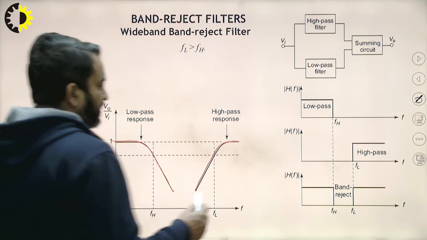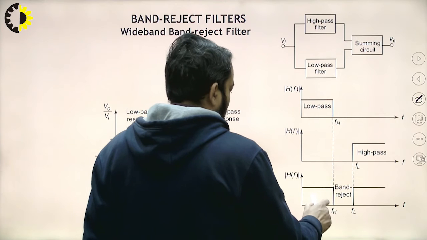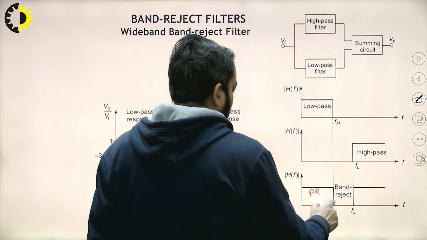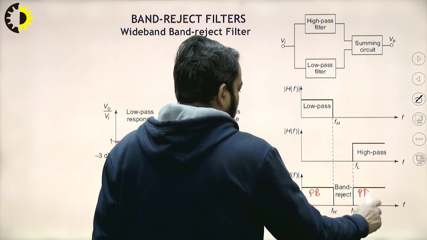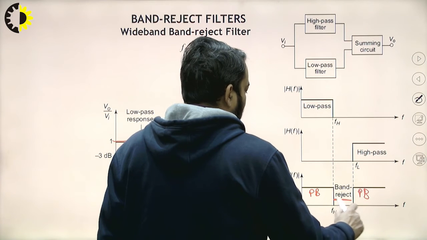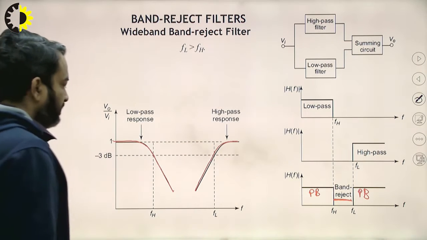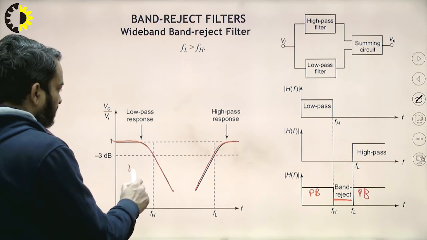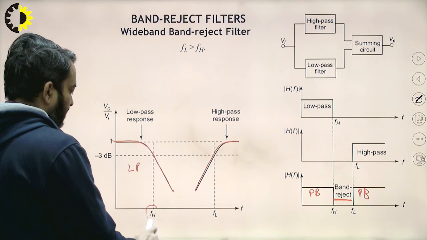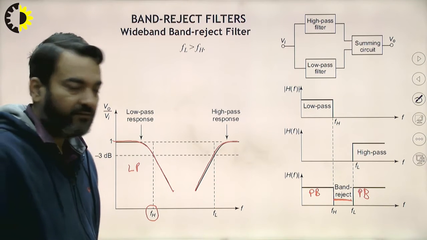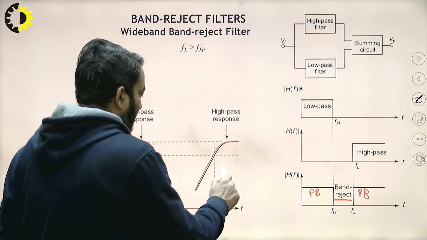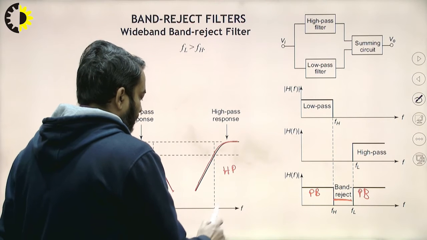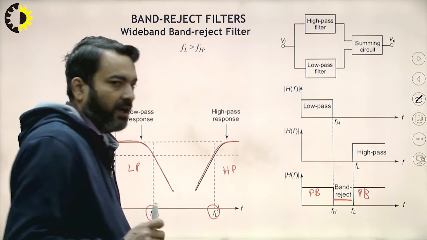So if we see this diagram, this is pass band, this is pass band, but this particular band is rejected. So here we have a low pass response with corner frequency FH. We have a high pass response with corner frequency FL.